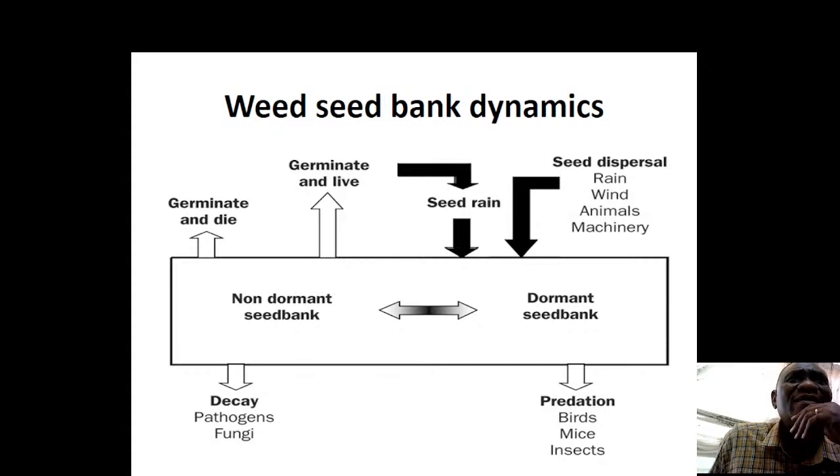This actually mimics the actual monetary banks which we have. That's why we are using this sort of a model so that we can understand what is happening to the weed seeds as if they are everyday monetary transactions.